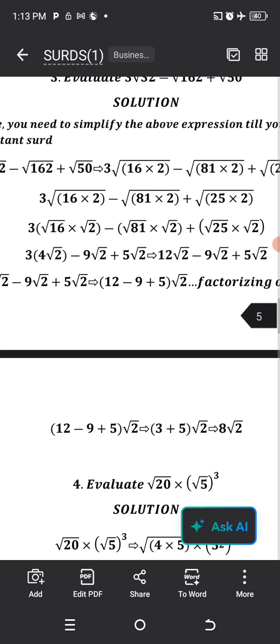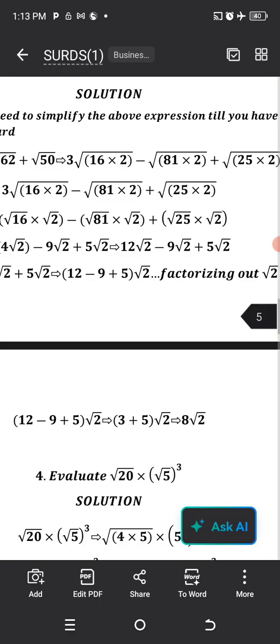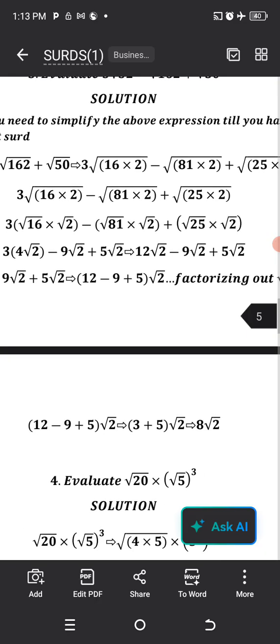You see that we've split what is inside the square root of 16 times 2 to now be square root of 16 multiplied by square root of 2. It's the same thing. So minus inside parentheses square root of 81 multiplied by square root of 2, plus inside parentheses square root of 25 multiplied by square root of 2.